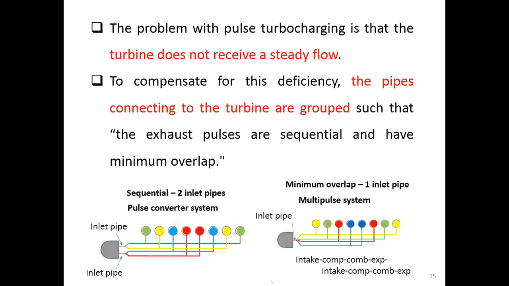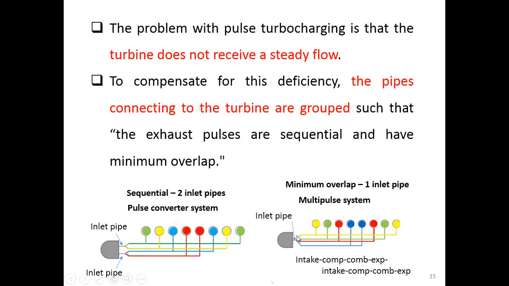And the minimum overlap can also happen because we have only one inlet pipe here. So sometimes the exhaust from the previous flow and the exhaust from the present flow may overlap with each other, because we have only one inlet pipe.